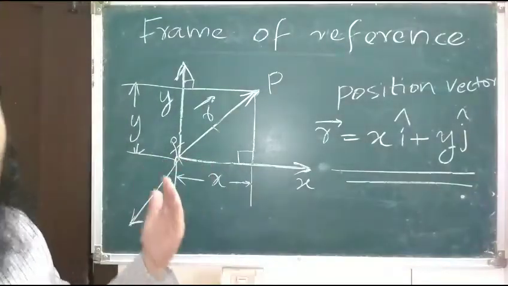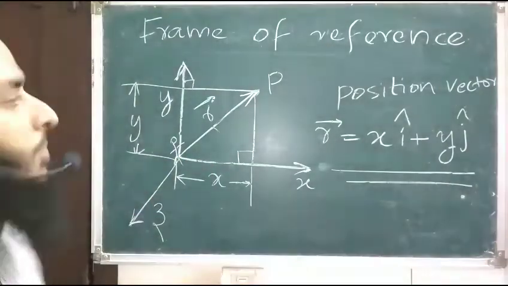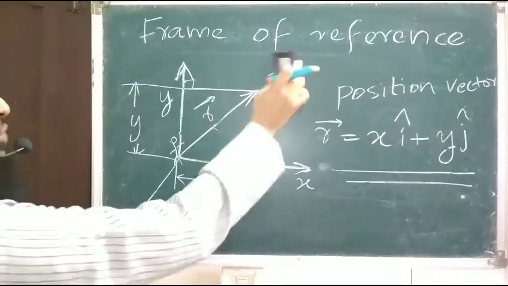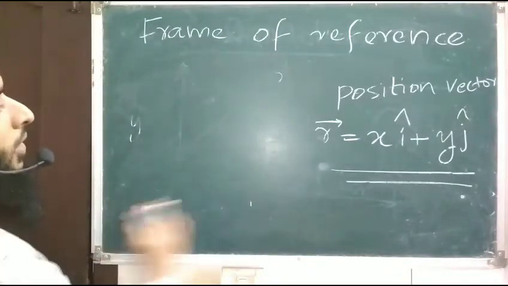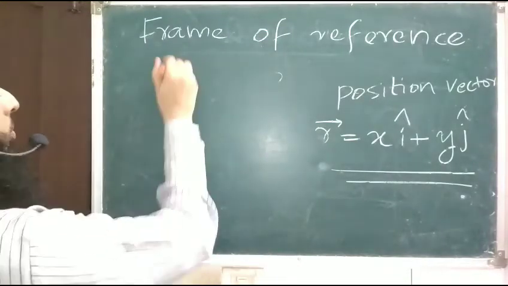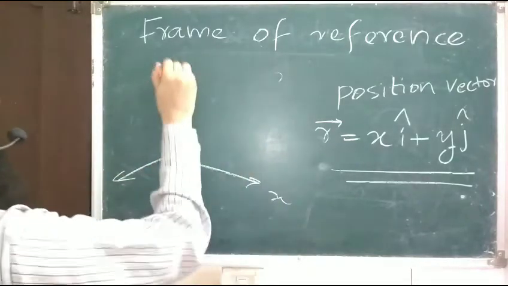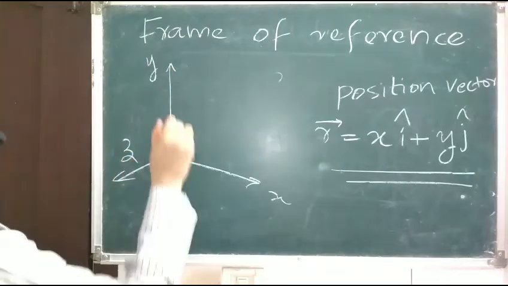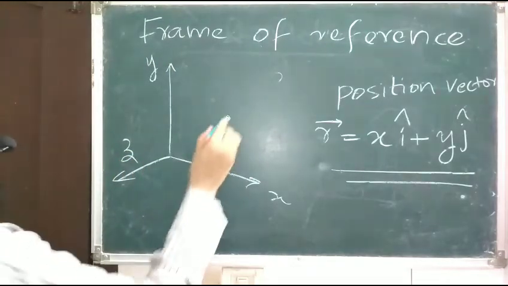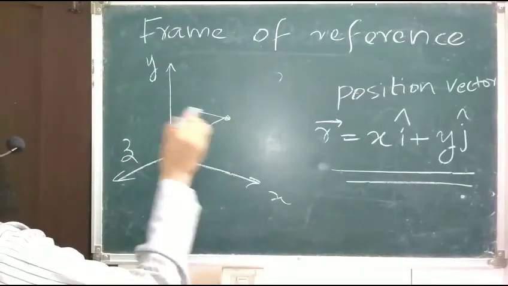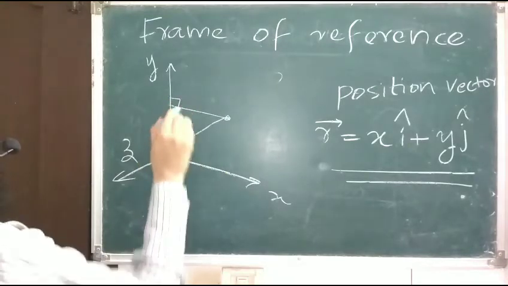If you take it in 3 axes, what will happen? I'll erase this and show. Suppose this is the x axis, this is y, this is z, and the particle is somewhere in space. If you drop a perpendicular to the y axis, this is 90 degrees.